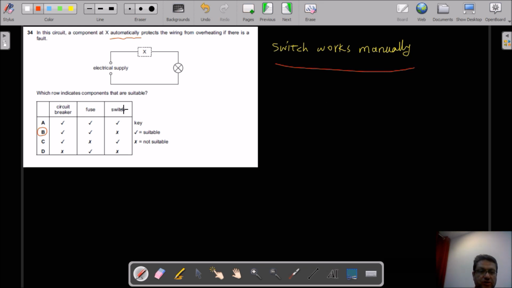So A and C will be wrong. Between B and D, you should choose. We know that a circuit breaker and a fuse have the same application and they work automatically. That's why B is right.